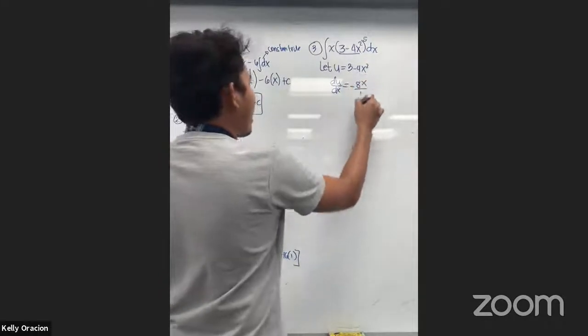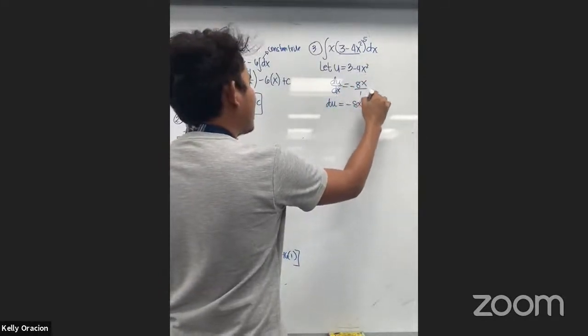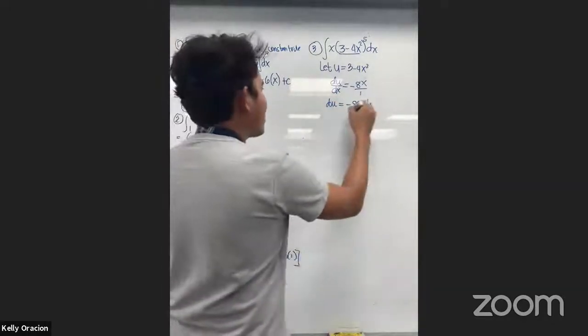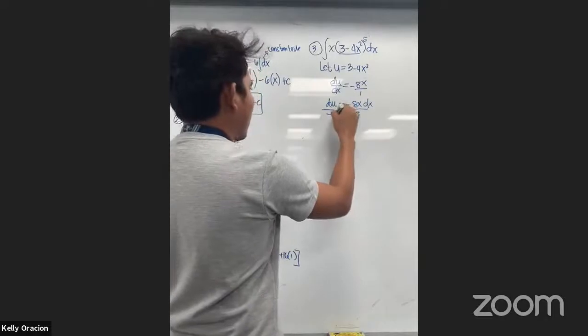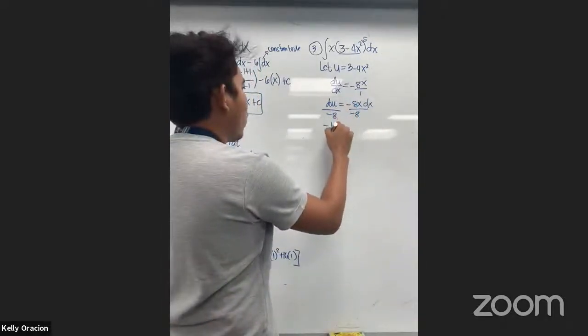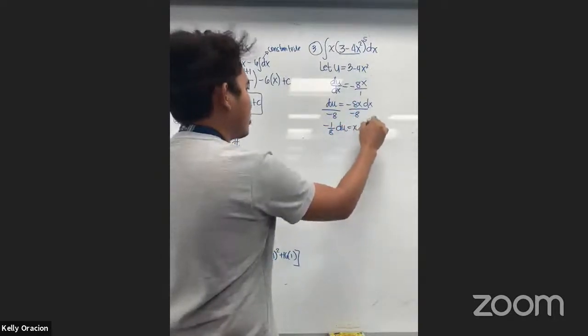So cross multiply, you have du equals negative 8x dx. And then divide both sides by the constant, so you have negative 1/8 du equals x dx.